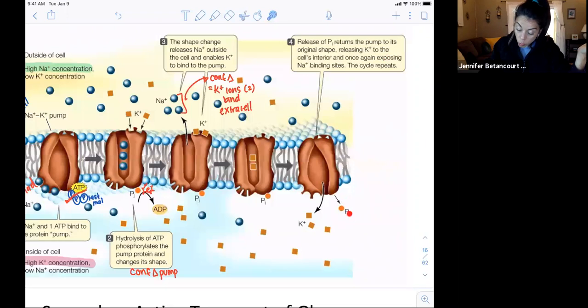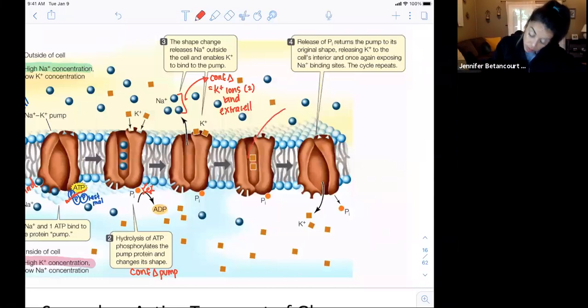So this will dissociate from the pump, and these two steps kind of happen at the same time. So the potassium ions enter. As they're entering, the inorganic phosphate is dissociating. This causes a slight conformational change so that the potassium ions can leave. So let's see.